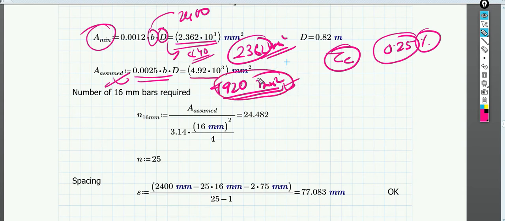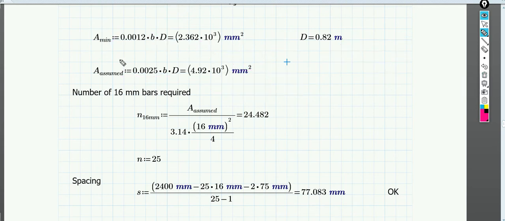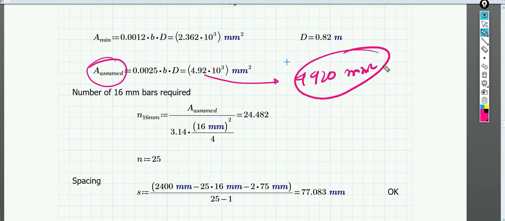Also it will be in line with what we have assumed for calculation of tau c, which in turn governs the depth of the pile cap, right? So that is why we are going to provide 4920 mm square of steel in the pile cap.